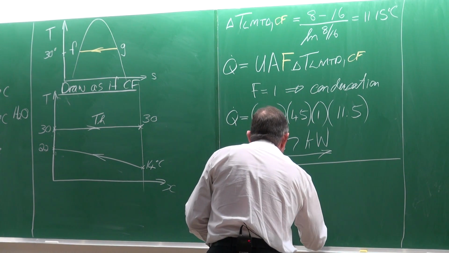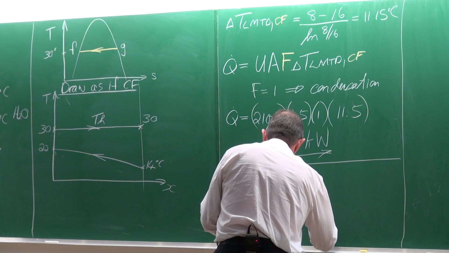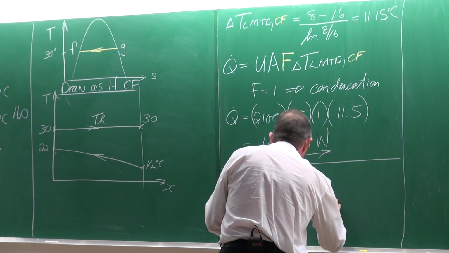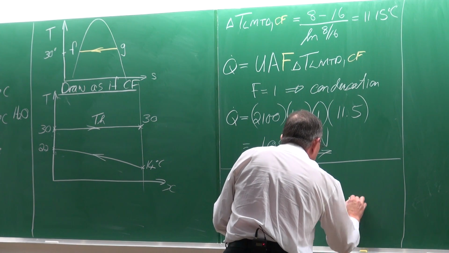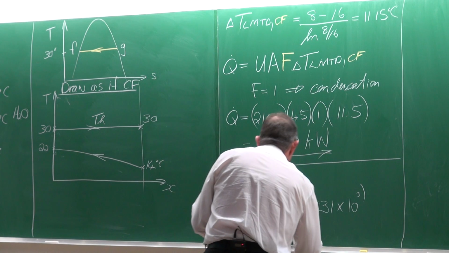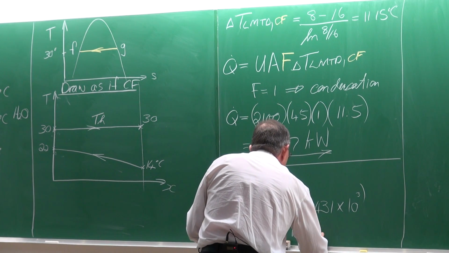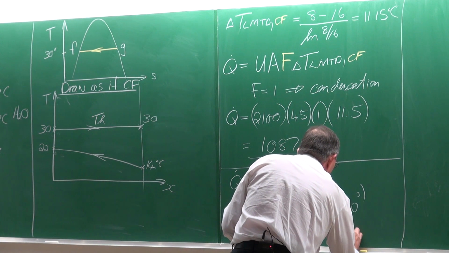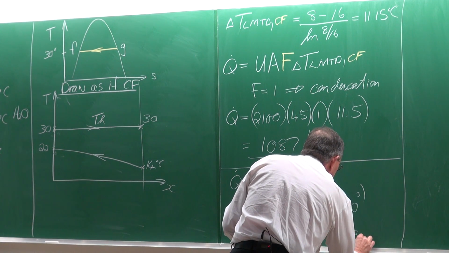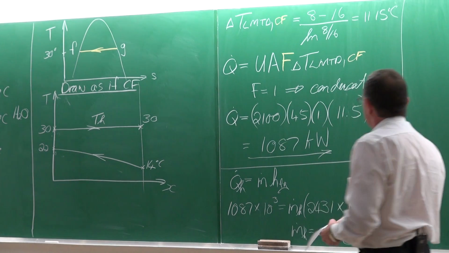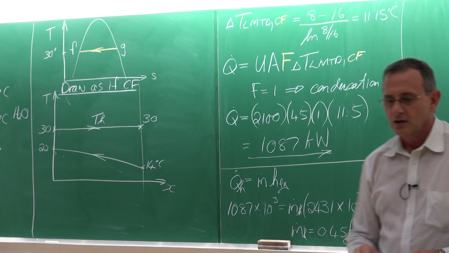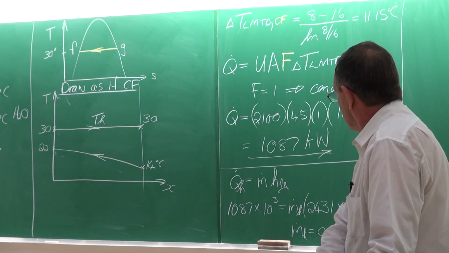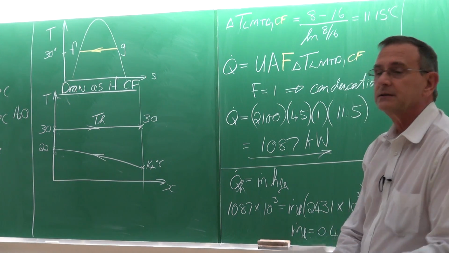It's equal to the mass flow rate of the water multiplied by 2431 multiplied by 10 to the 3. And it gives the mass flow rate as equal to 0.45 kilograms per second. Mass flow rate of the steam, 0.45 kilograms per second.